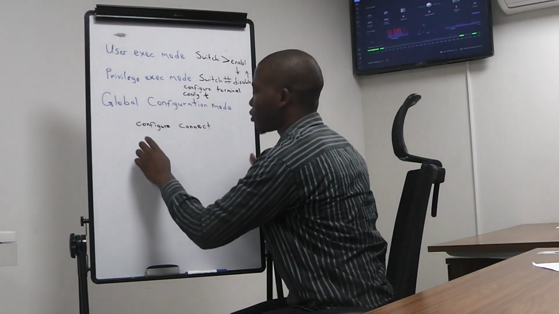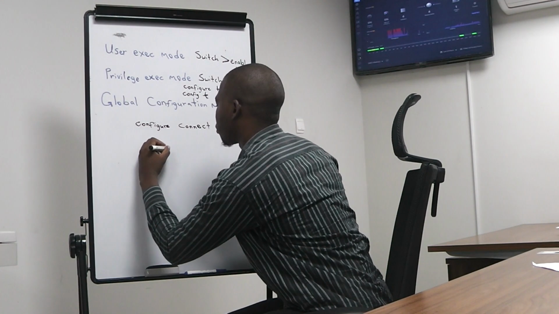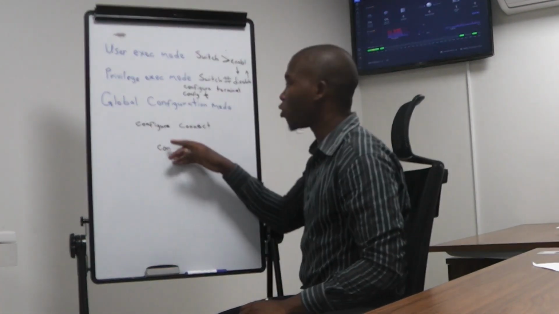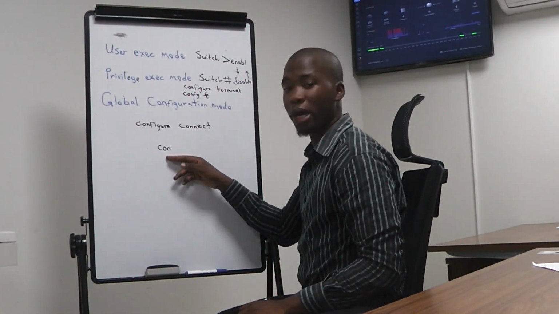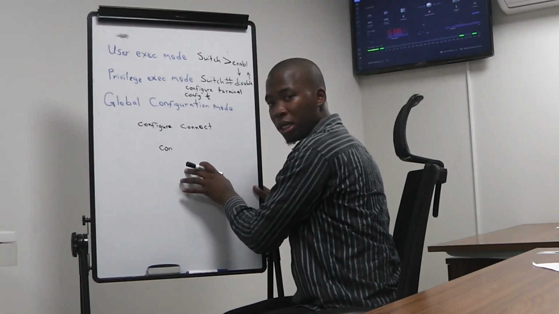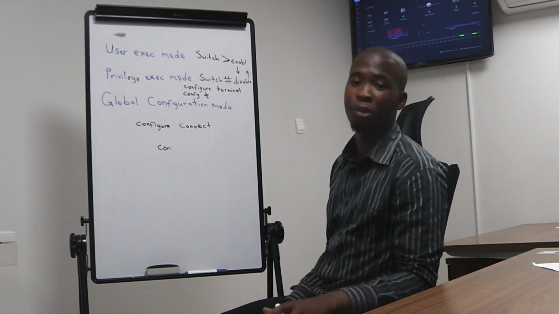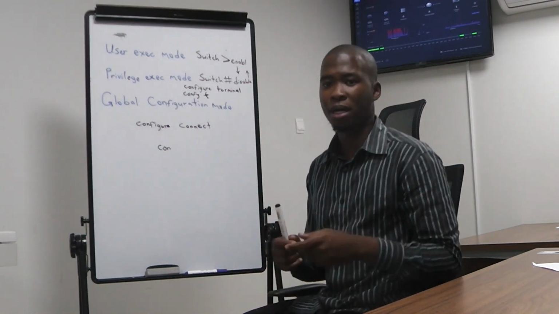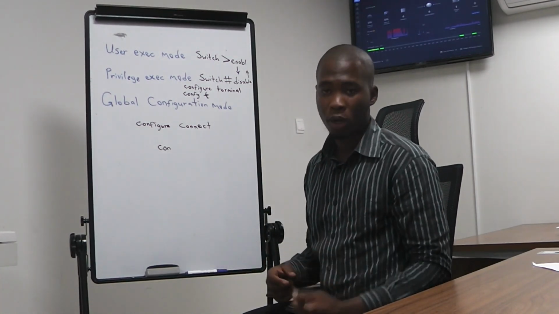Now, if I type just CON, at this point CON is not unique because I have two commands that start with CON. If I proceed, it will show a prompt telling you that the command is ambiguous. Ambiguous meaning it is not specific, meaning what you typed applies to more than one command.